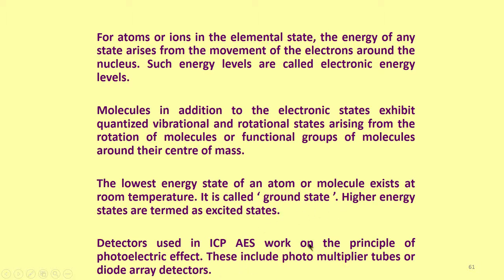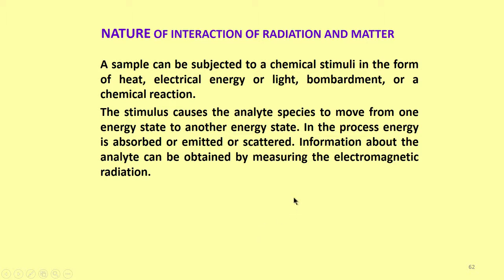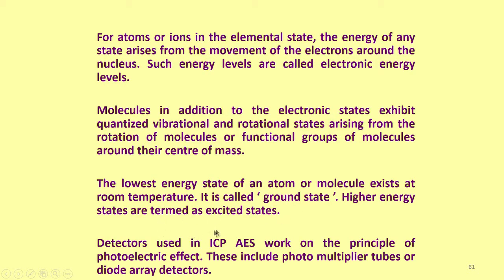So, detectors used in ICP-AES work on the principle of the photoelectric effect. These include photomultiplier tubes and diode array photodetectors. The job of the detector is to convert the photons that fall on the photomultiplier tube or photodiode array back into an electrical signal, and that signal can be recorded.